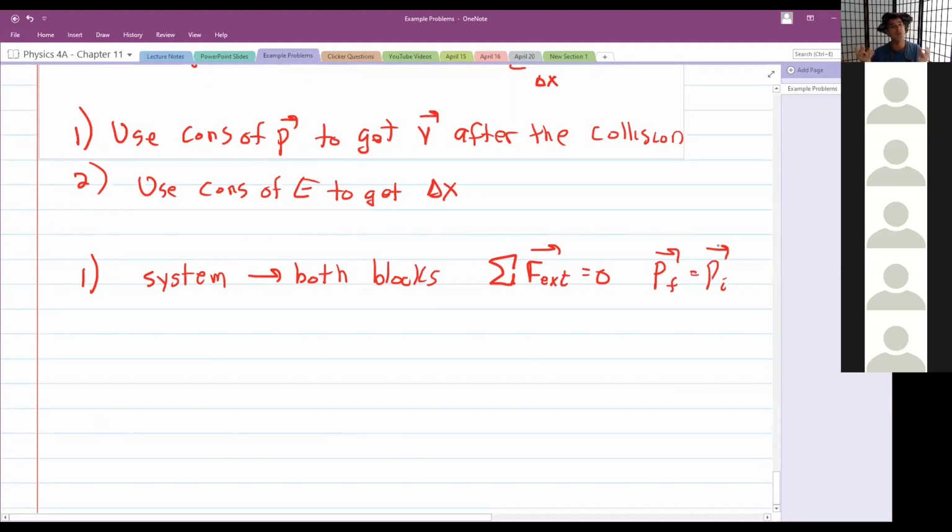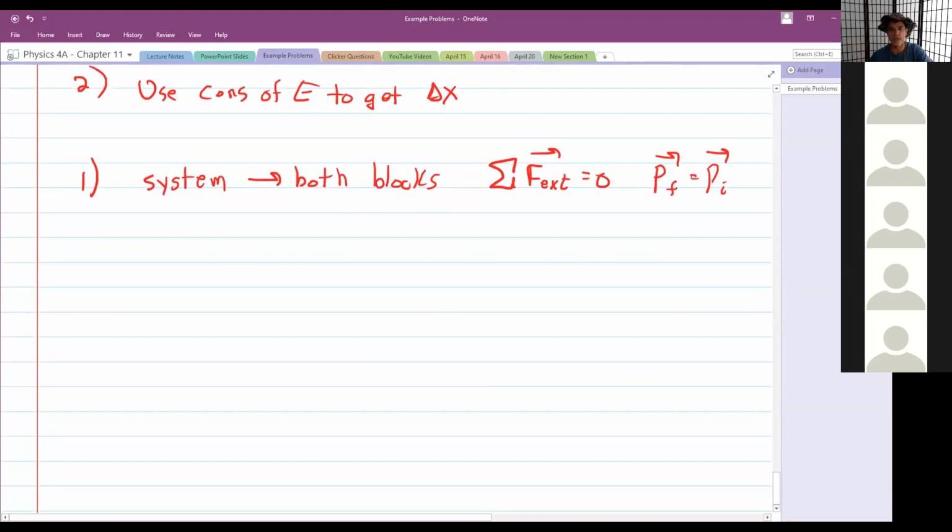If I have two objects, the momentum of the system is just going to be the momentum of each object added together. So in this case, my final momentum would just be m1 times v1 final plus m2 times v2 final. And my initial momentum would be m1 times v1 initial plus m2 times v2 initial.